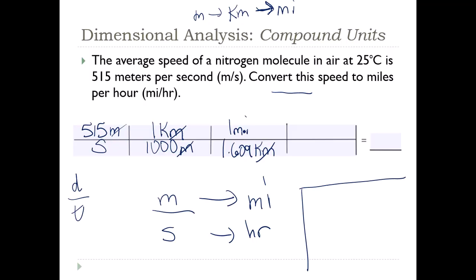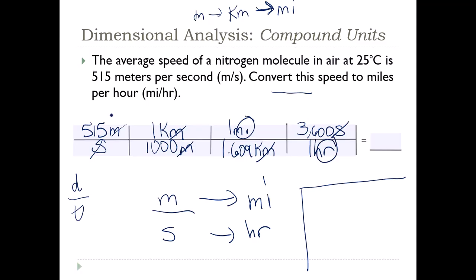But I want miles per hour. So the final step is I could use my conversion factor, 3,600 seconds per 1 hour. But notice this time seconds is on the bottom, so that has to cancel out with this on top. Top and bottom cancel each other out, so now I have units of miles per hour.